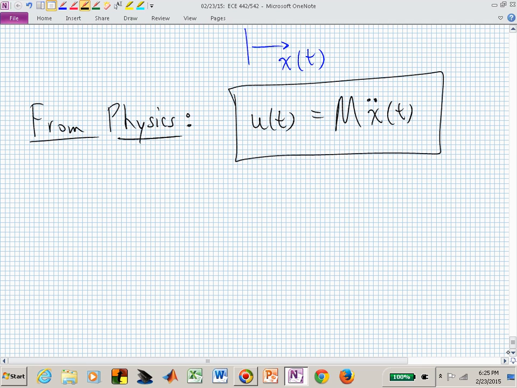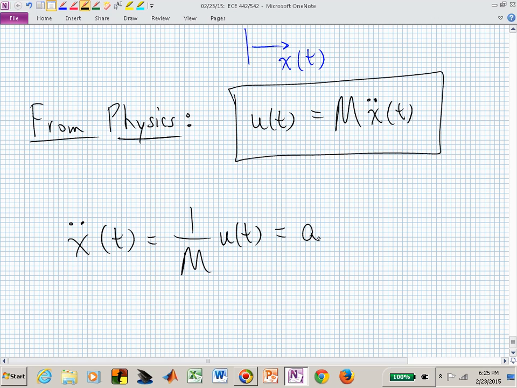And we might actually want to write that in terms of powers of the derivatives of our position. So we might rewrite that in terms of x double dot of t, and we can do that by dividing both sides by capital M, so that we now have 1 over m u of t. And just to introduce more variables, I don't like 1 over m.